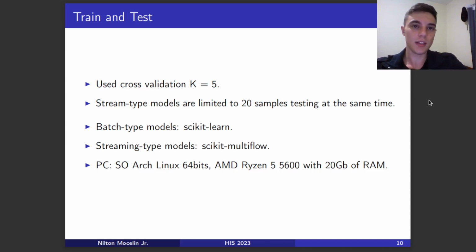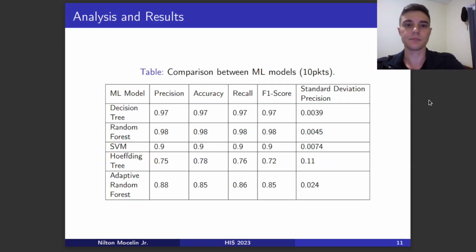And one detail that we chose in this part was to limit the streaming-based models to have not more than 20 flows feeding them at the same time, because we had bad results in previous tests. And the computer used for these experiments was an AMD Ryzen 5 with 20 gigabytes of RAM running an Arch Linux operating system.